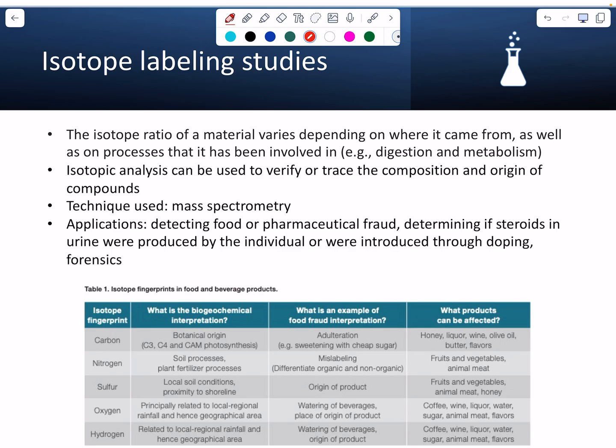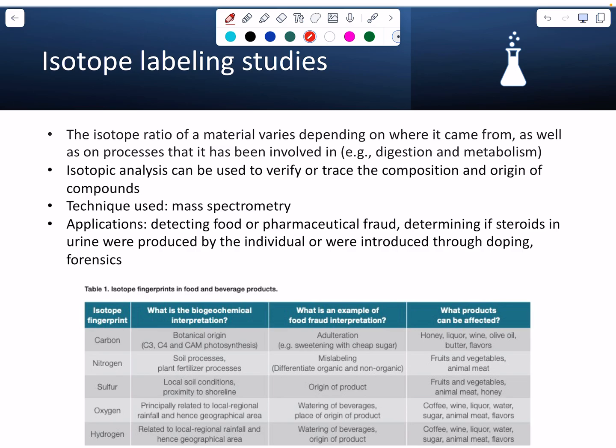One has to do with how we use isotope fingerprinting or isotope labeling to detect counterfeit pharmaceuticals and to detect doping in sports.